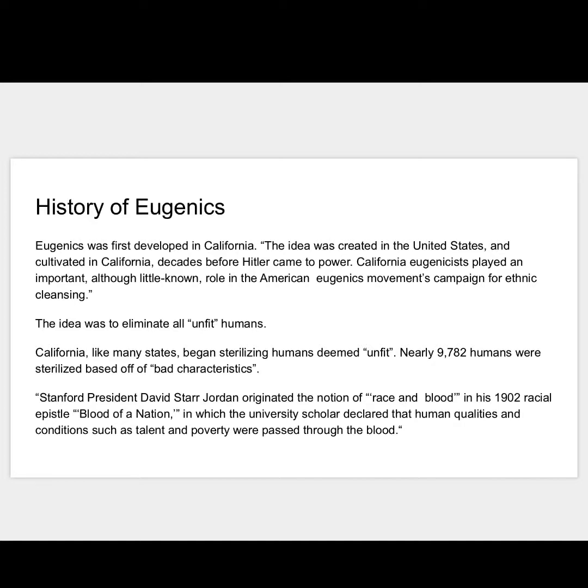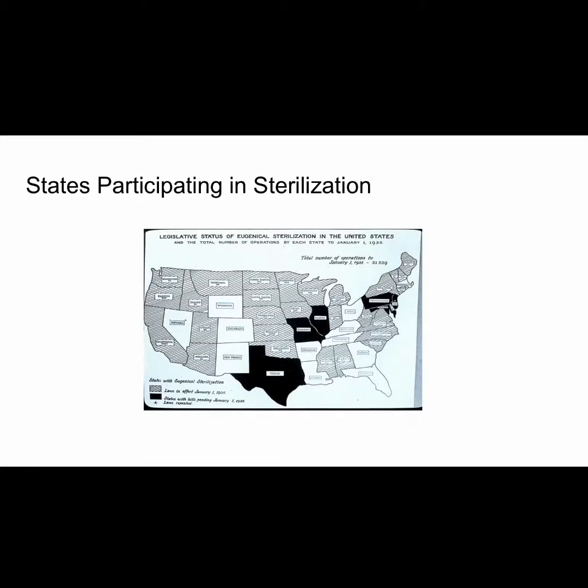This was done because it was believed in science that human qualities and conditions, such as talent and poverty, were passed through blood. Looking at the image, you will see that there are lines through the states. These states have sterilization laws enacted. The states that are white have laws against sterilization of humans.